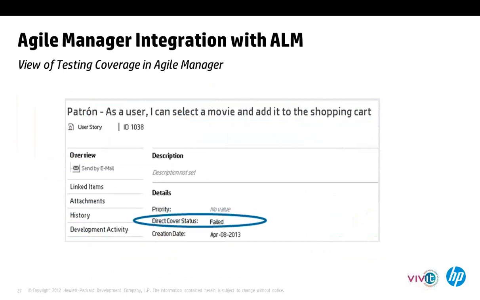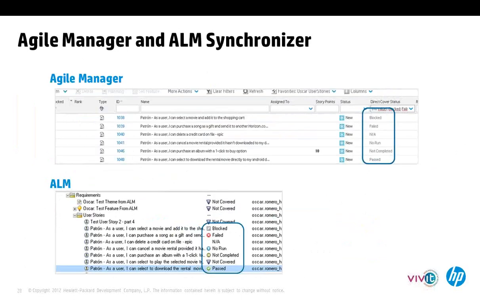So it is a complete, real-time synchronization of the requirements, defect, and test metrics that is enabling a true picture, a single pane of glass view, and a single version of truth to all the team members in the organization, which is becoming more and more important as we move forward.